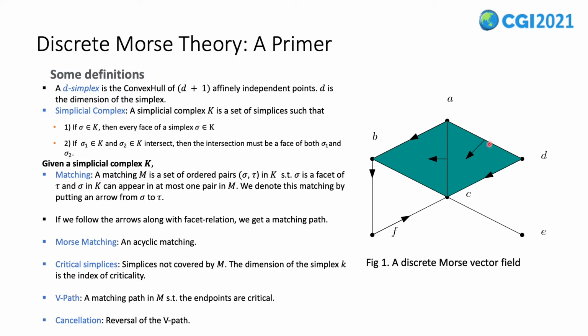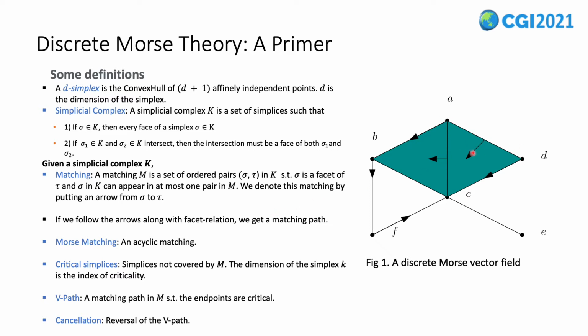If we take a look at figure 1 on the right-hand side, we can see there's an arrow from this edge AD to this triangle ACD. So this is a matching that contains this ordered pair, edge AD to triangle ACD.